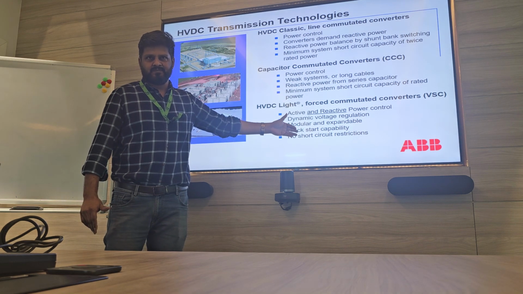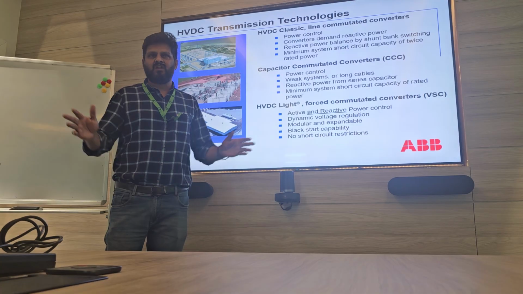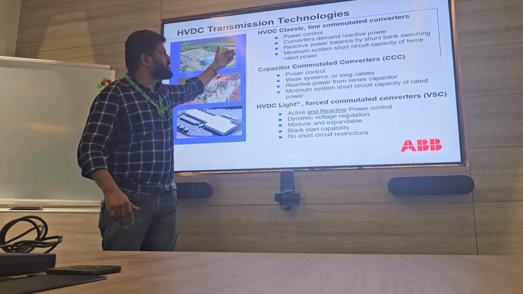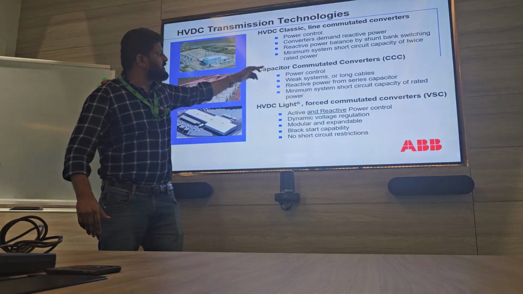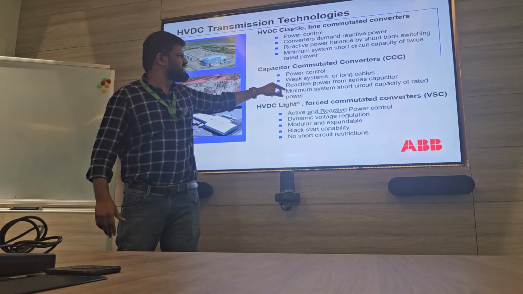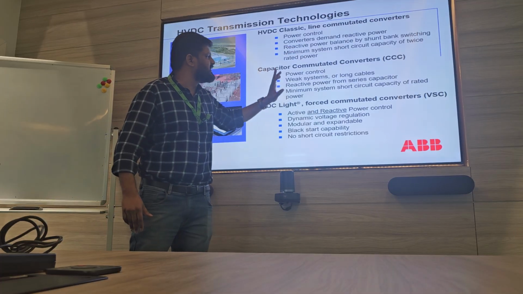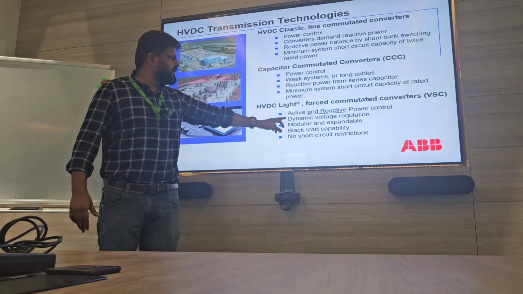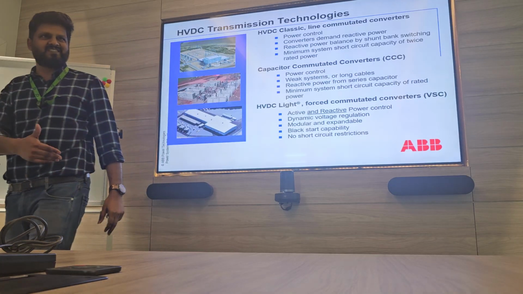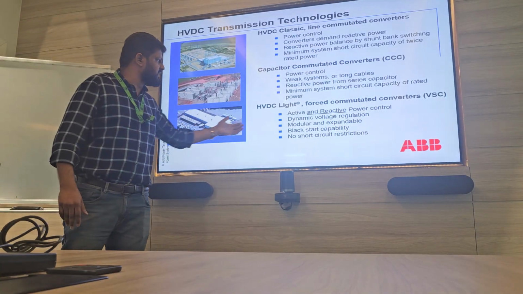So LCC depends on the network. If it is a strong network and SCR is more than 2, then we will prefer this one. If SCR is about equal, we will prefer capacitor commutated converters. This is another LCC technology. If SCR is very low, maybe 1 or 0.5 or less, we will go with VSC technology.